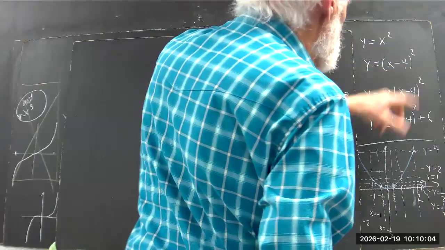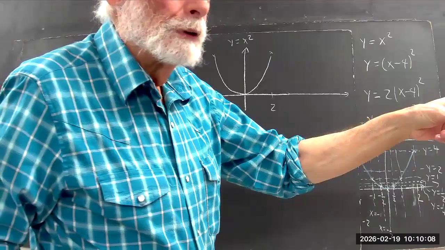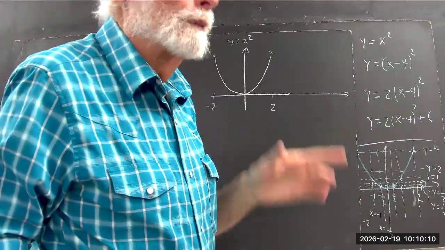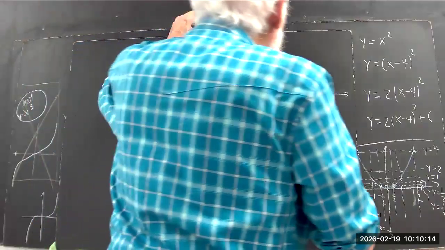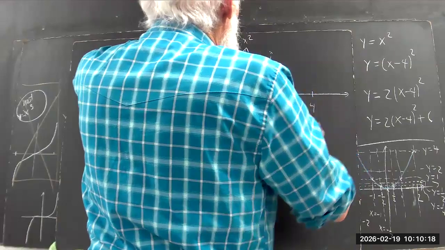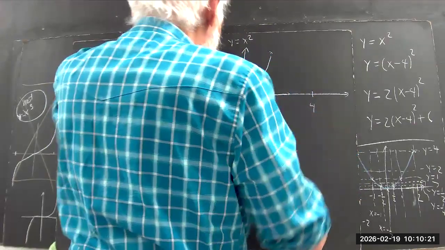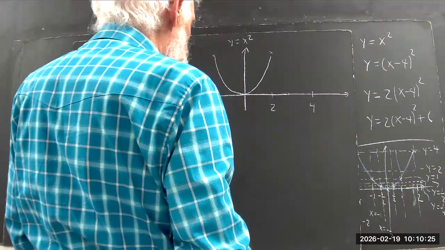Y equals x minus 4 squared shifts the graph 4 units to the right. That's one of your rules of transformation. Horizontal shift. Make sure you have some understanding of that. So if the 4 is out here, this whole graph gets shifted to the right.